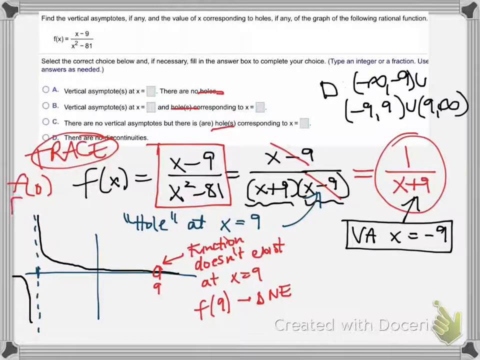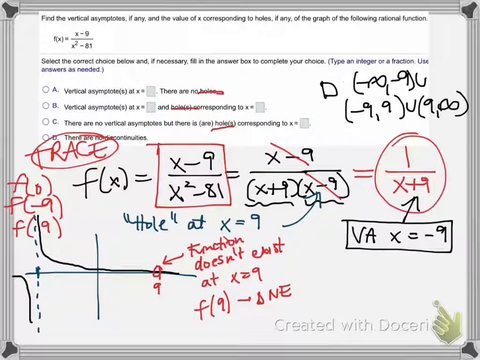And then try f of negative 9. And you know that's not going to exist because there's this vertical asymptote right here. But then if you also try f of positive 9, you also will see that the function doesn't exist there. Even though it looks on the screen like it's going through x equals 9, the function doesn't exist where x equals 9. There's no y value for that.